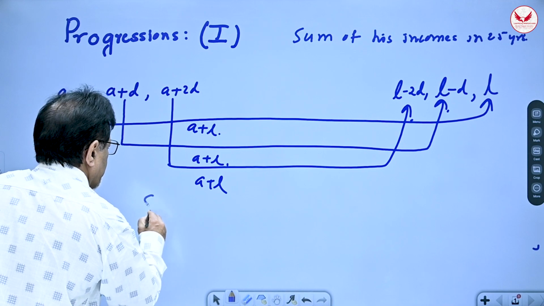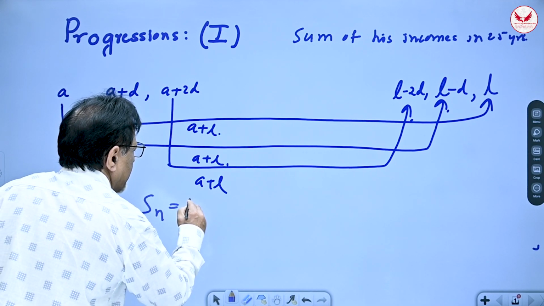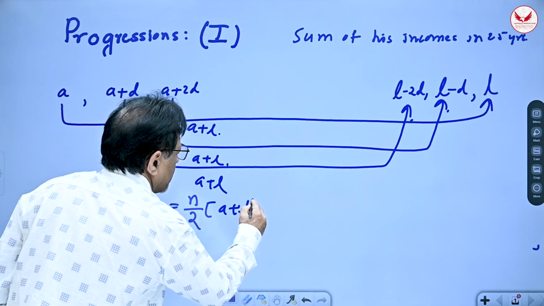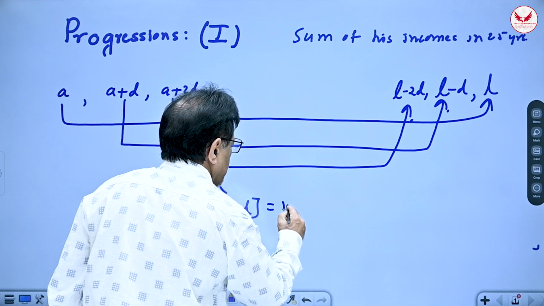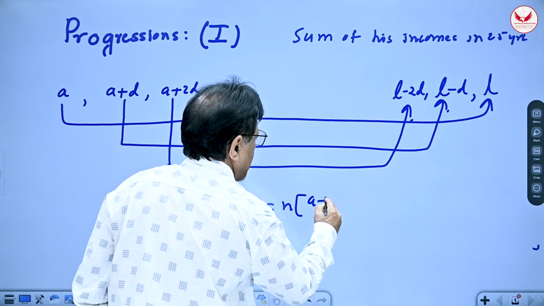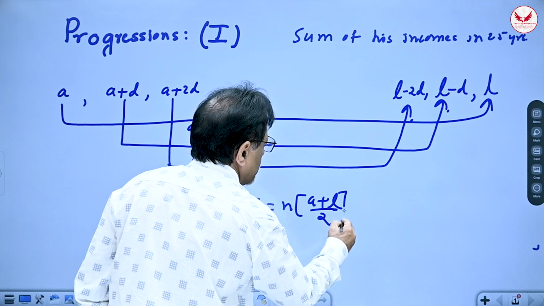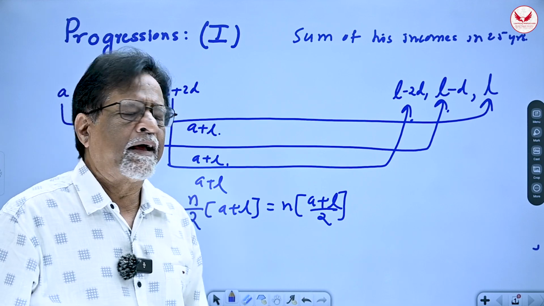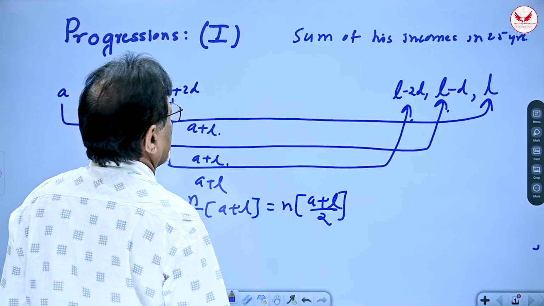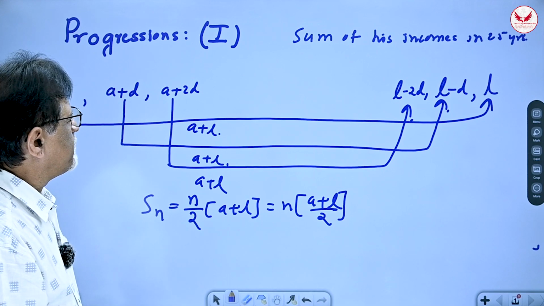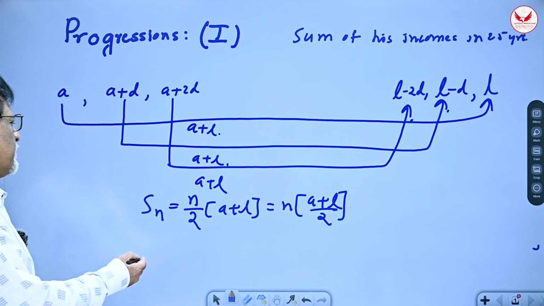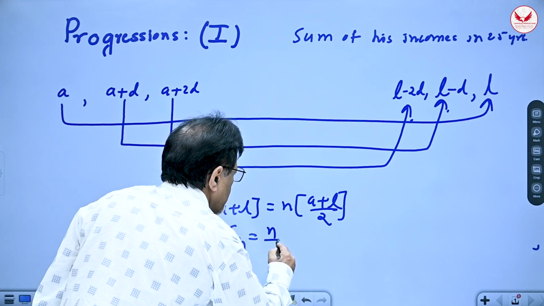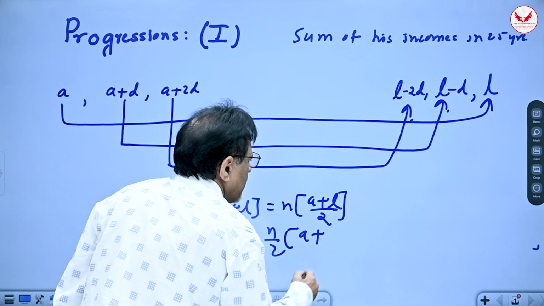So therefore, the total sum, that is Sn, will be given by half the number, that is n by 2, multiplied by A plus L. Or you can write it as n multiplied by (A plus L) by 2, which means the answer is nothing but the arithmetic mean of the first and last term, multiplied by n. That gives you Sn. Another formula for Sn is n by 2 multiplied by A plus the last term.